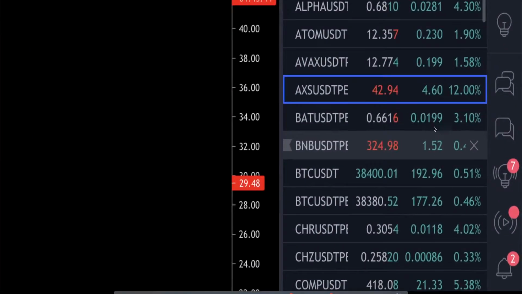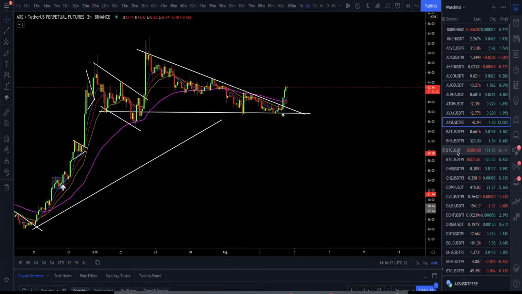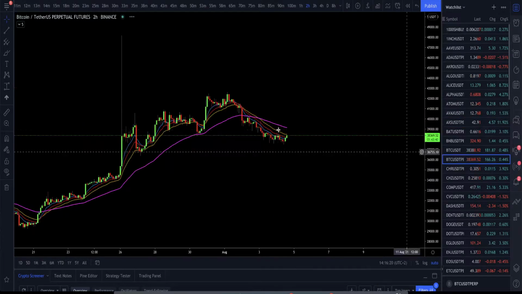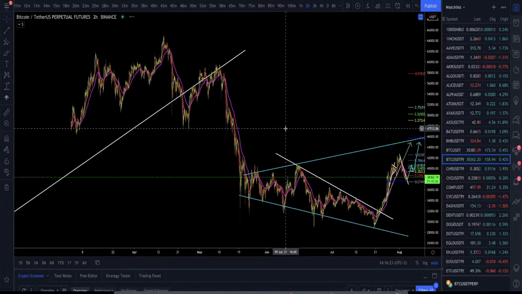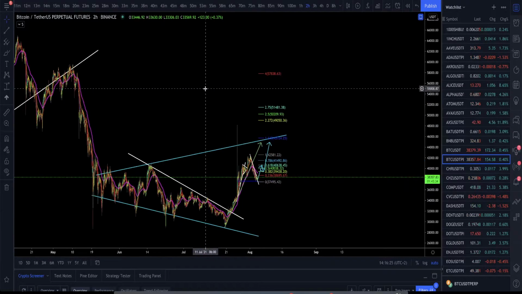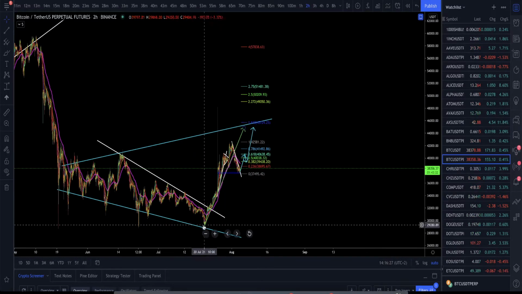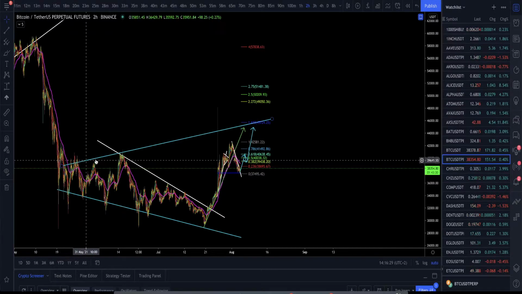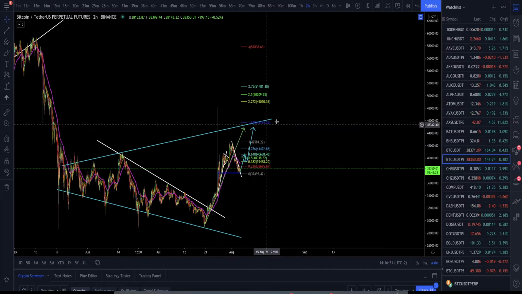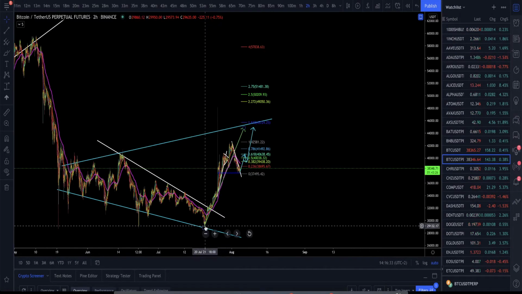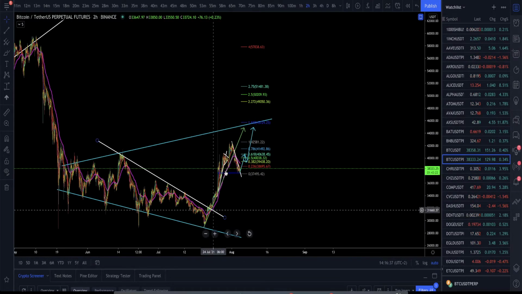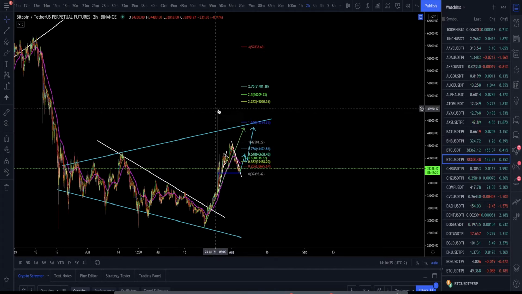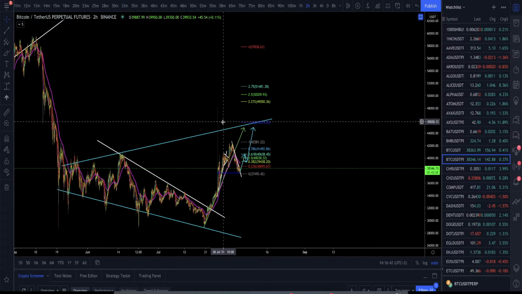Let's go to BTC Bitcoin to see. Actually, I have already called here that I'm seeing Bitcoin in a reversed wedge or reversed triangle. It will go to 48k, and it passed through and reached my level 48k.